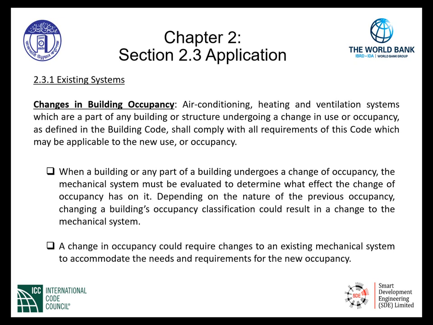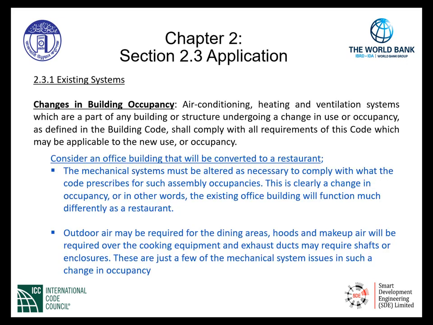That must be analyzed. Consider an office building that will be converted to a restaurant. The mechanical systems must be altered as necessary to comply with what the code prescribes for such assembly occupancies.